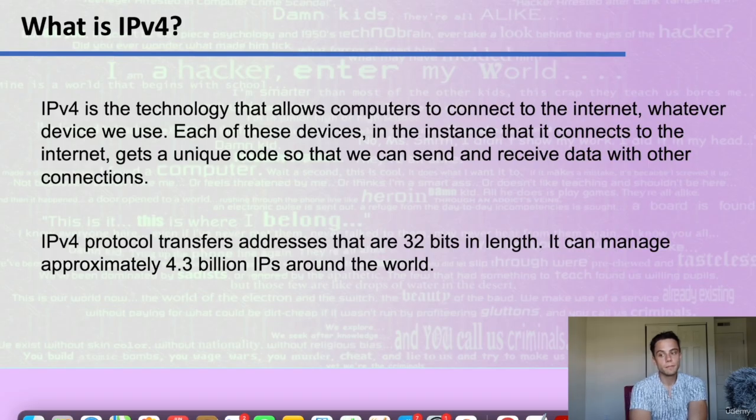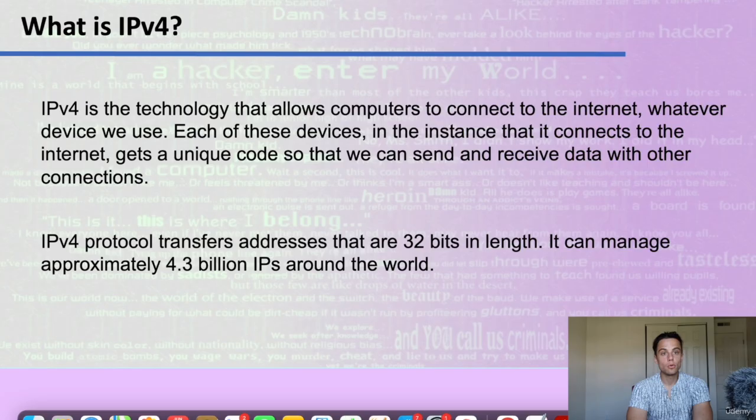So IPv4, the base idea behind it is to allow computers to connect to the internet regardless of what device we use. So basically each device that is connected to the internet gets a unique code that can be used to receive data from other connections.